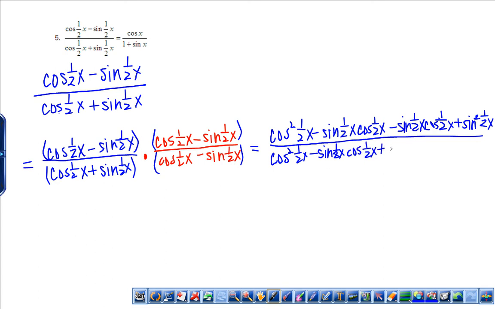Looks like we're going to have some cancellation, which is awesome. Sine 1/2 x cosine 1/2 x minus sine squared 1/2 x. Okay, so definitely this bottom section is canceling out. And I'm going to simplify here. How about cosine squared and sine squared? That should give me 1.